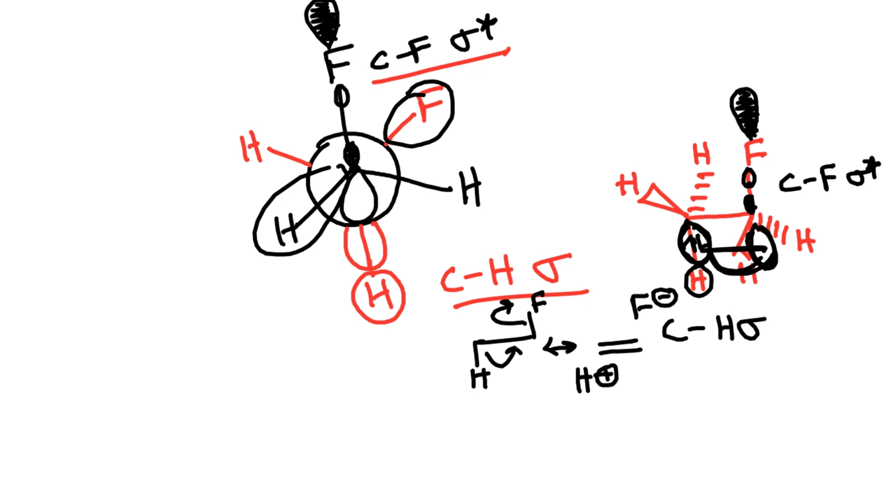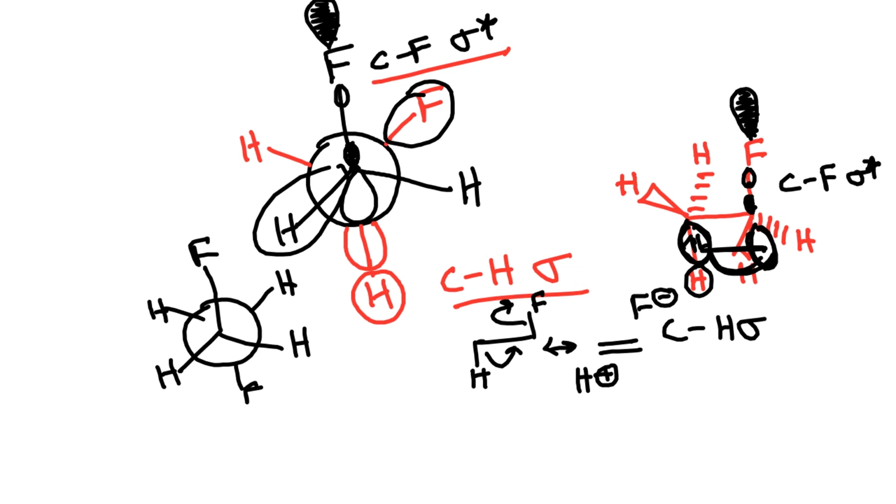But in the anti conformation of the molecule, where the fluorines are anti to one another, there is no such sigma to sigma star interaction, because the CF sigma is parallel to the CF sigma star, and CF sigma cannot donate electrons.